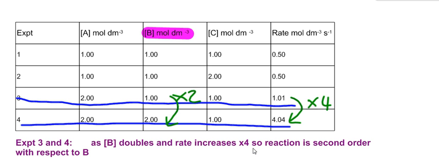So this reaction is what we call a second order reaction with respect to B. It's saying that when you double the concentration of B, you do in fact 2 squared the rate of reaction. And we'll come back to that in a moment.